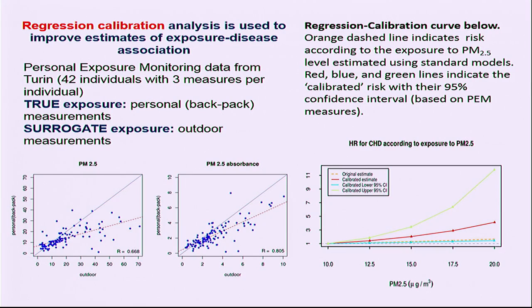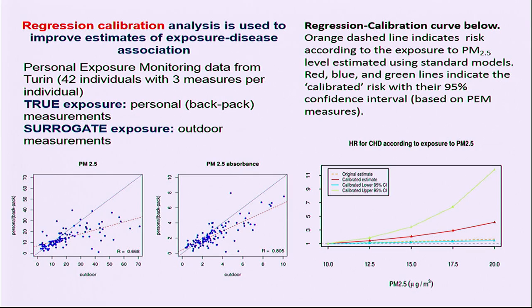We had 3 measures per individual in the course of 1 year. So we have what we call true exposure, which is probably an overstatement, but it is based on personal backpack measurements. Whereas a usual surrogate exposure is based on outdoor measurements, like monitoring stations.